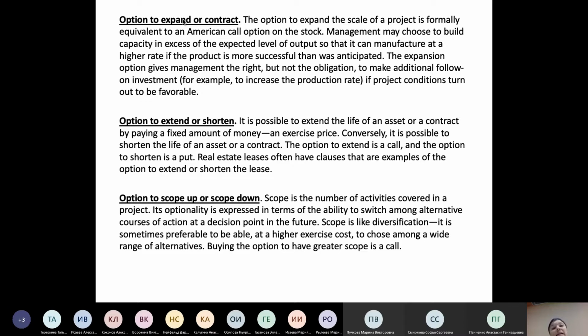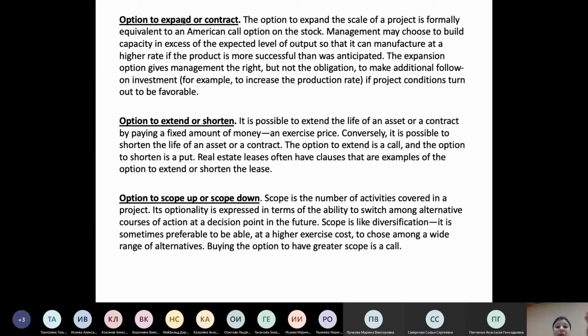Certainly, it's a classical American call option when we receive the opportunity to increase our market power, first of all, our marketplace, as we can name this category. The option to expand the scale of the project is formally equivalent to an American call option on a stock.